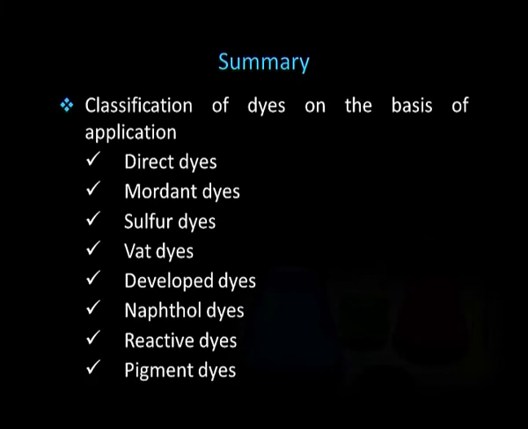Now if you look at all the dyes we have discussed so far on the basis of their application, you will find that a number of dyes, for example azo dyes, appear in a number of classes, and depending upon the nature of application, the same dye has been classified in different classes.